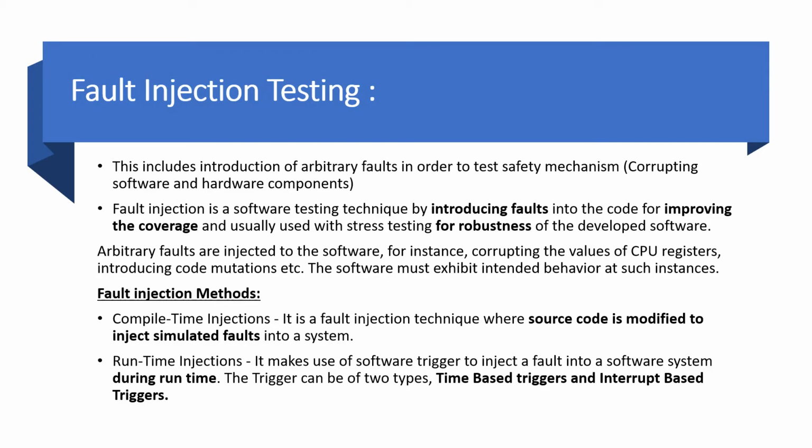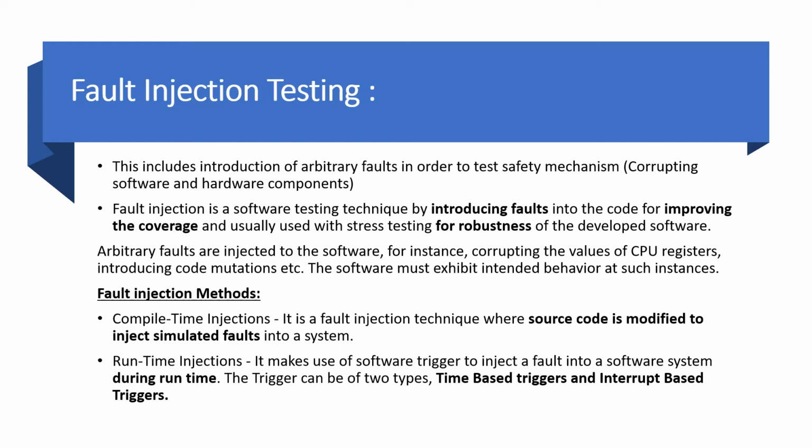Coming to fault injection testing. What is fault injection testing? It is injecting or introducing arbitrary faults in order to test safety mechanisms, corrupting software and hardware components. Fault injection is a software testing technique of introducing faults into the code for improving coverage, and usually to test the robustness of the entire software.